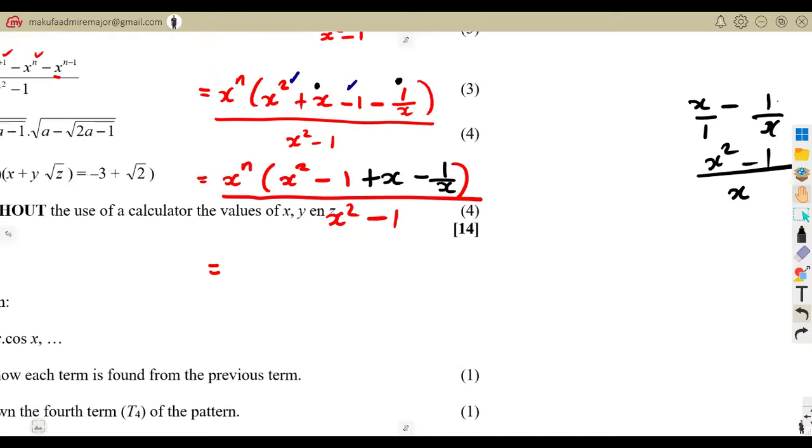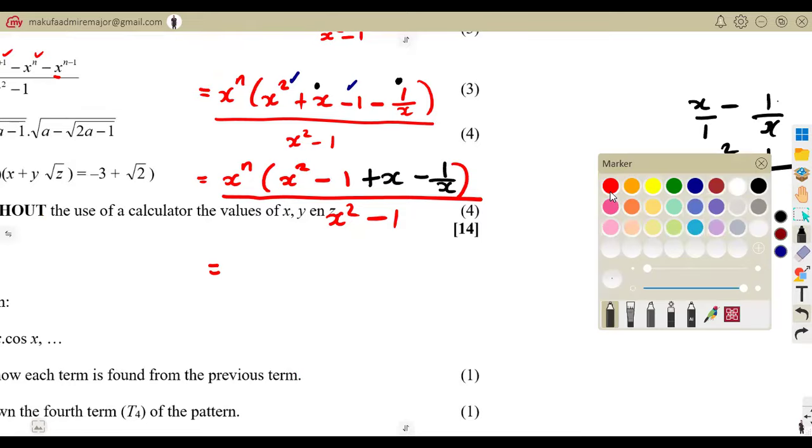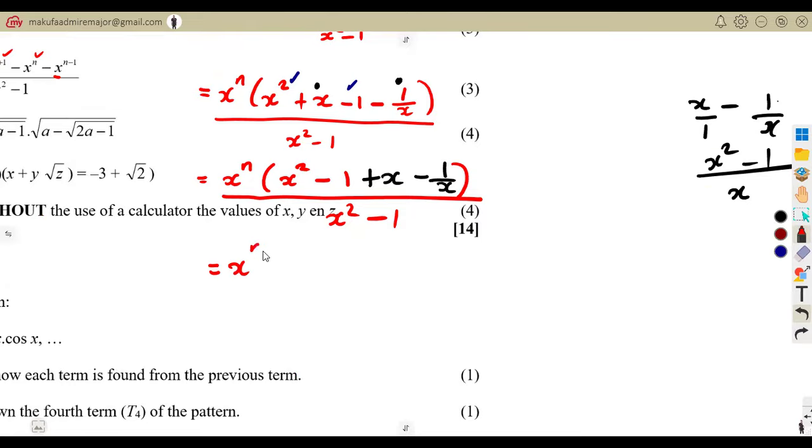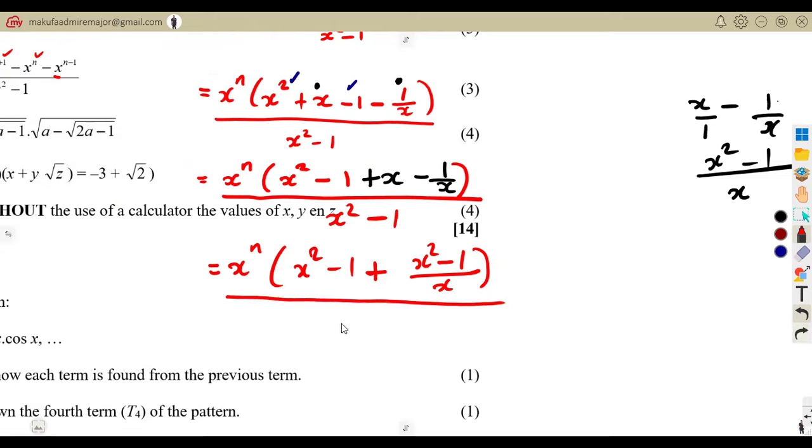All right, so let's rewrite these and see how it is going to look. x to the exponent of n times the bracket x squared minus 1, and this part, as we combined it, this is what we got, plus x squared minus 1 over x. Everything that we are obtaining is going to be over x squared minus 1.